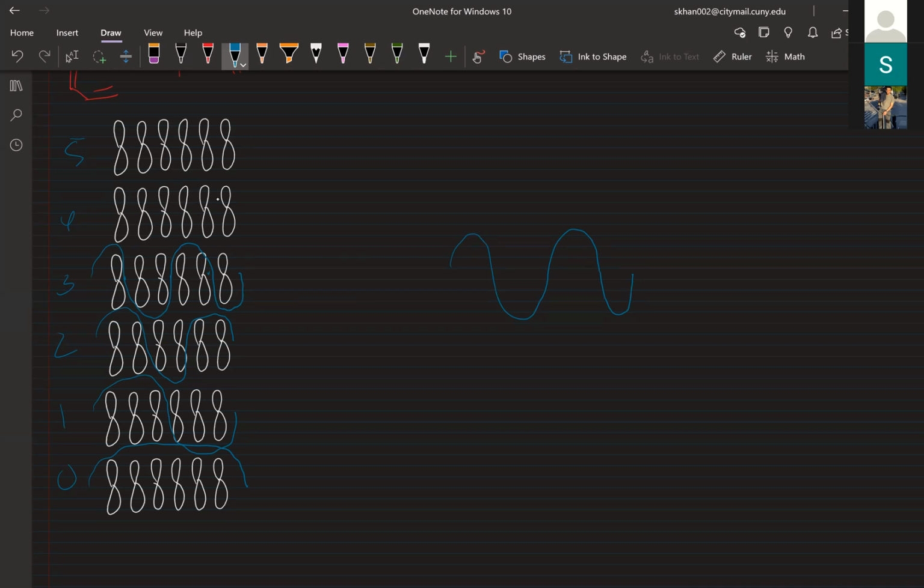Now we need 4 nodes, so 1, 2, 3, 4, right? We have 6 orbitals, so we want 1 here, 1 here. Oh no, we could have 2 here, 2 here. So we have F5.